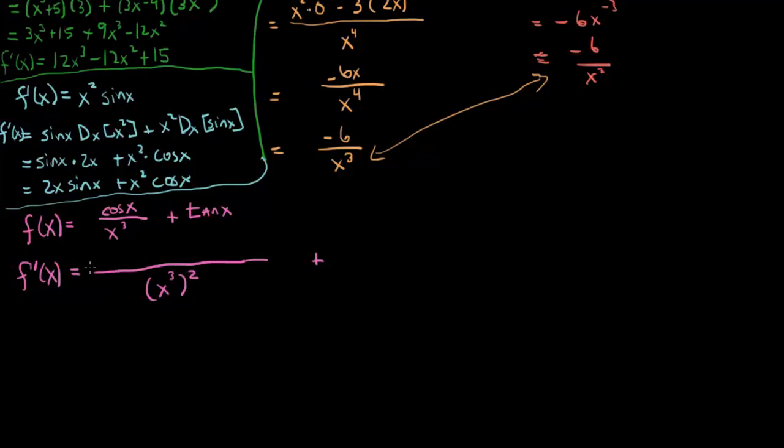So the quotient rule says we take the bottom times the derivative of the top. So x cubed times the derivative of cosine x, minus the top function, which is cosine x, times the derivative of the bottom function, which is x cubed. Now we can go ahead and just take the derivative. Well, I'll write this out. The derivative of tan x.